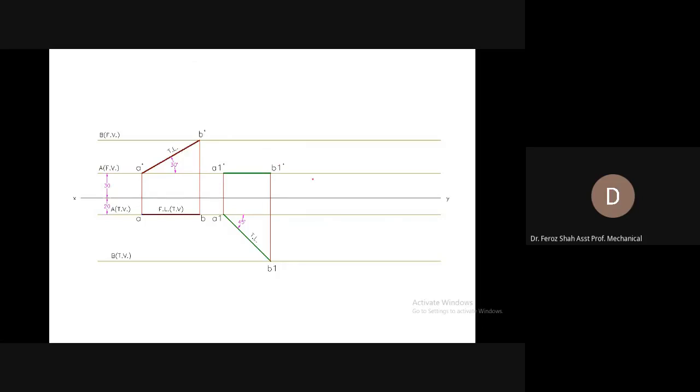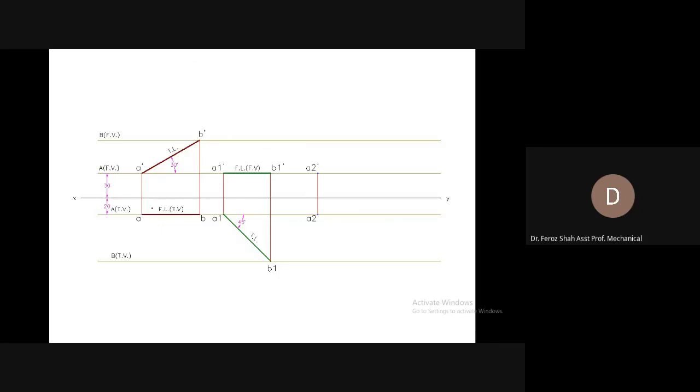Now in this final step, again locate the same positioning of end A. That is, the front view of end A again would come at the similar position and also the top view, this time annotated with A2 prime and A2.